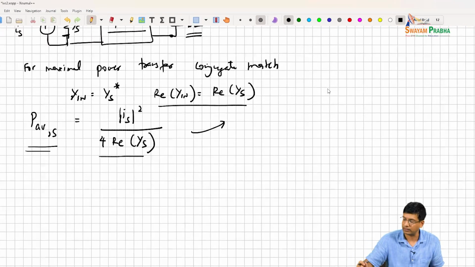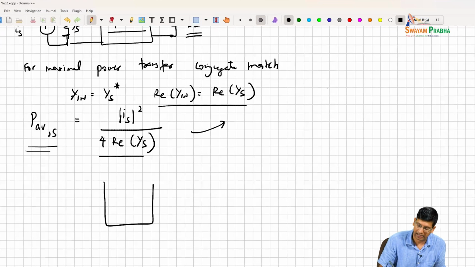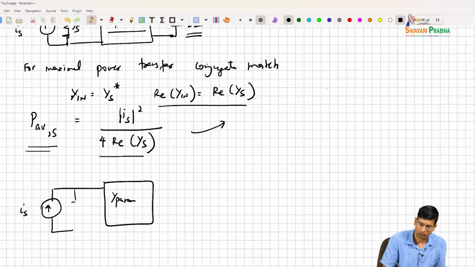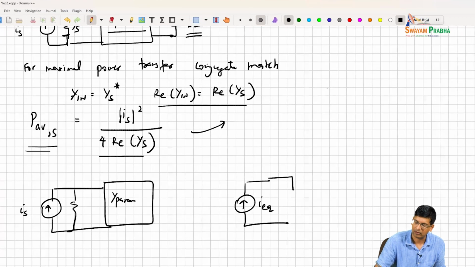And then what I can do is, I have this Y parameter network, and I have Is, Ys. I'd like to instead model it as an I equivalent here, and then with some Y equivalent, and this is basically driving my load.